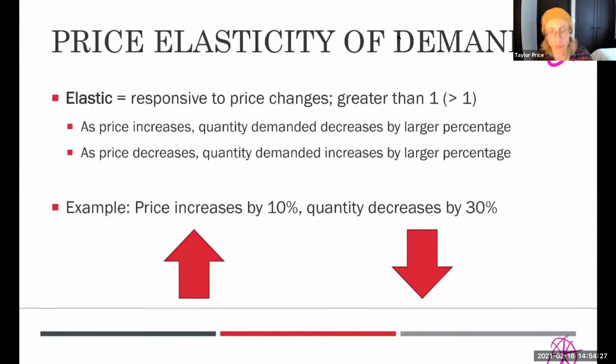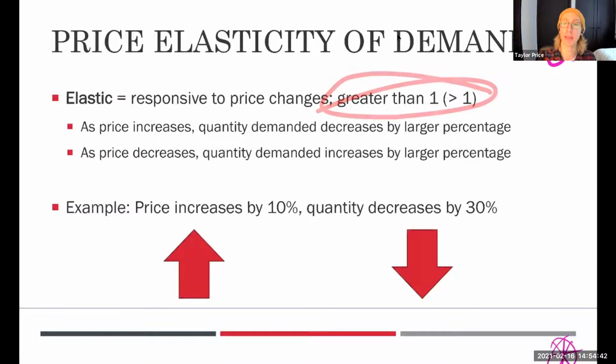So the first type of elasticity is elastic. That basically means that something is really responsive to price changes, and you can tell something is elastic if the elasticity is greater than 1.